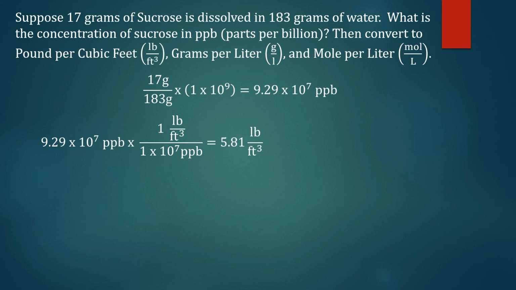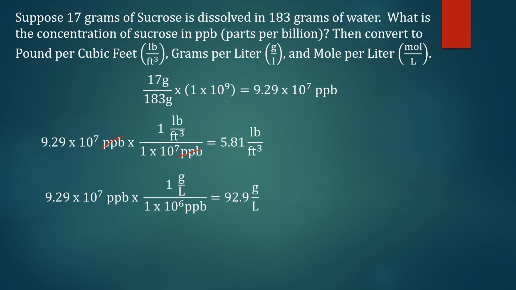So cancel out the like terms, and then we'll just have to solve everything that is left. 9.29 times 10 raised to 7 multiplied by 1, then divided by 1 times 10 raised to 7. The answer would be 5.81 pound per cubic feet.